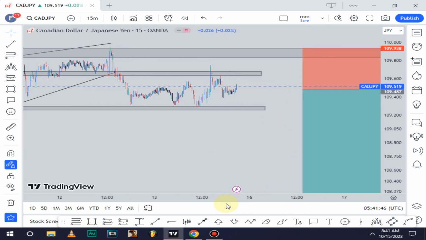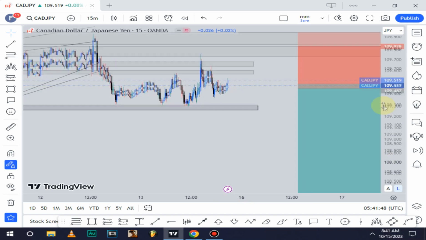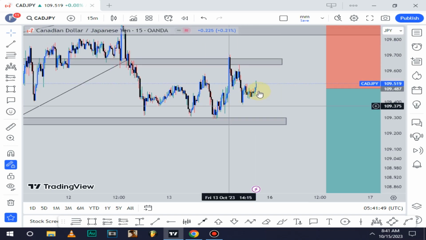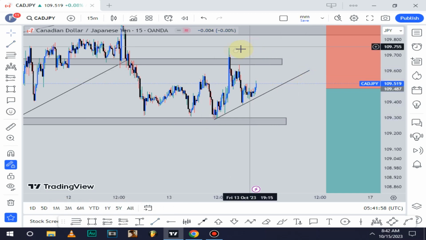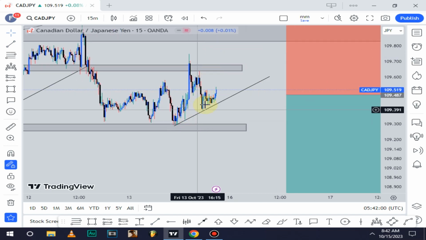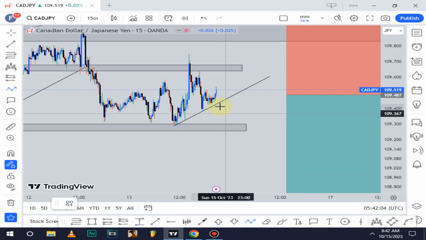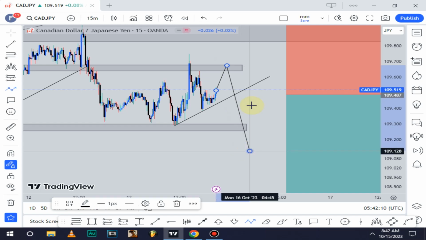At the 15, I will need a breakout of this kind of uptrend. The uptrend has to be done away with. So I'm expecting price to continue going up probably, then try to come back. Then that is it.